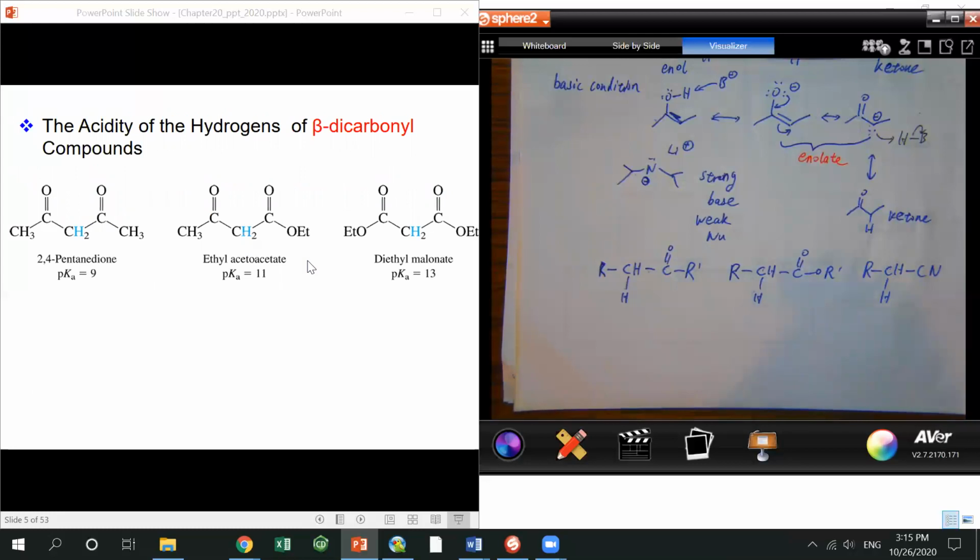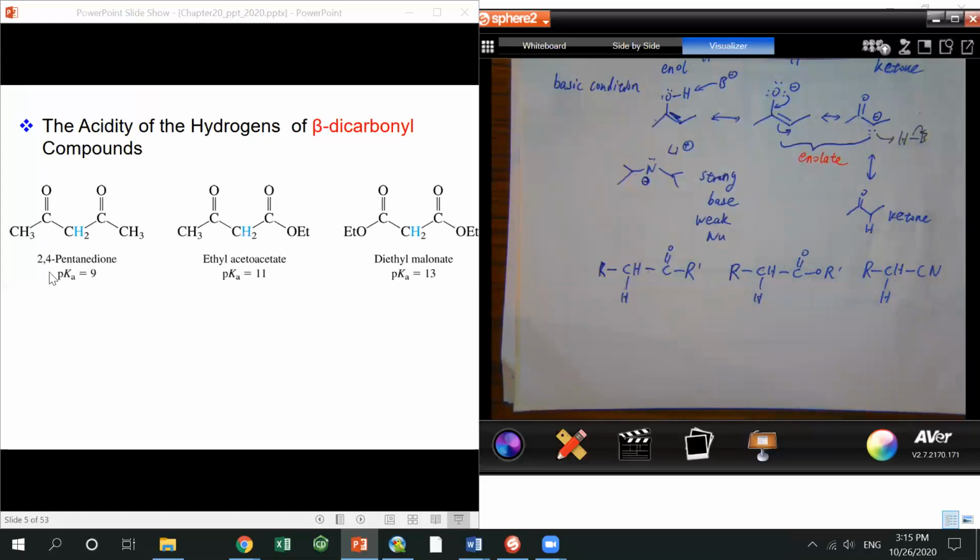If you further increase the number of carbonyls at the alpha carbon, you can further increase the acidity of the alpha hydrogens. Here is an example. Instead of only one carbonyl, you can have two carbonyls next to the alpha carbon, and then this hydrogen becomes pretty acidic.